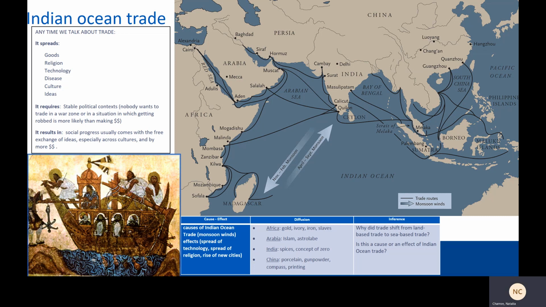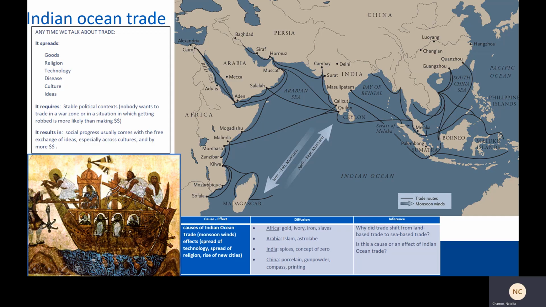Or the compass, another tool that allows you to know which way you're going when you can't see anything visible that can help you decide. Printing also. If you can print books, you can copy ideas fast and spread them fast, and they're harder to control. And that kind of thing has huge historical implications.